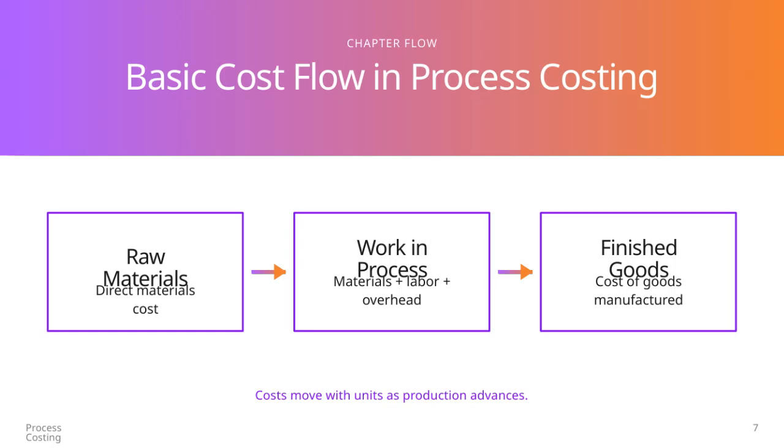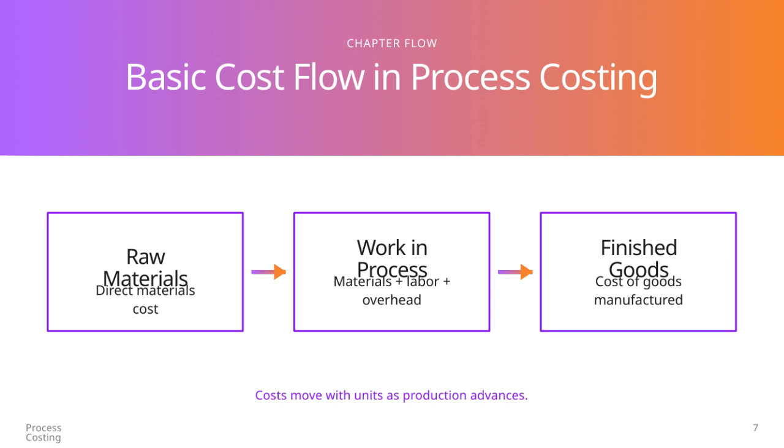Here, we're looking at the basic cost flow in process costing. It starts with raw materials, which represent the direct materials cost. These raw materials are then moved into work in process, where direct materials are combined with labor and overhead costs. As production advances, these costs move along with the units through the process.